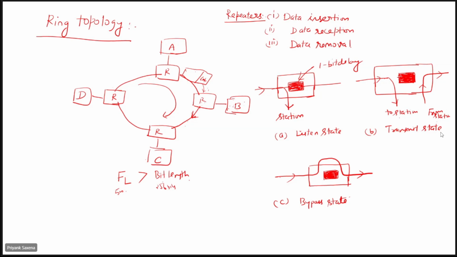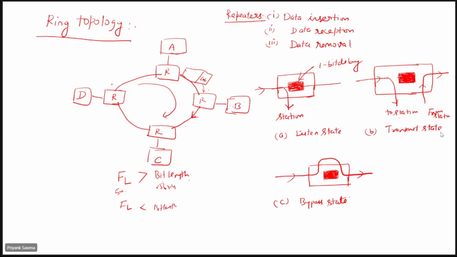If the frame length is higher than the bit length, then the repeater will start receiving its own transmission. And the second possibility is that if the frame length is smaller than the bit length, this repeater will regenerate the entire pattern.